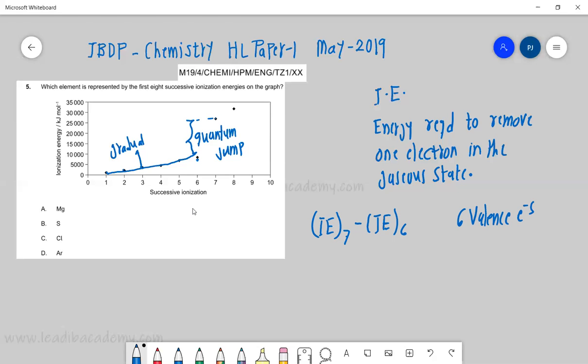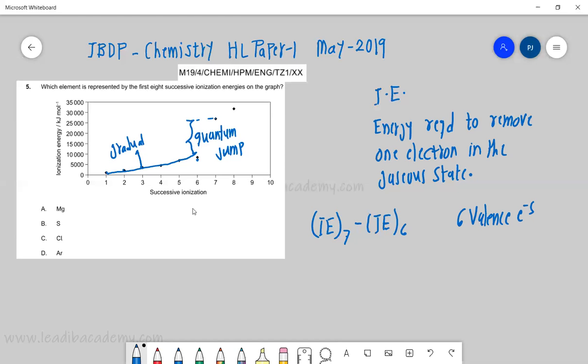For 6 valence electrons, those in the outermost orbit, obviously there is going to be a gradual increase for every additional electron we take out. From first to sixth there is a gradual increase because the effective nuclear charge is increasing. That means the attraction from the nucleus on the next electron becomes higher and higher, so it becomes more and more difficult to remove that additional electron.